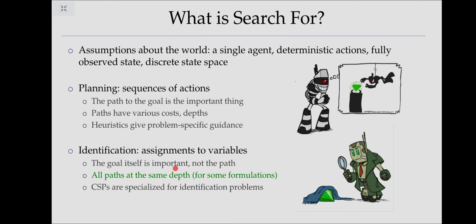Complete. The way of representation is not important. This is identified as a car. Complete. The path is not important. In CSP, we face an identification problem.